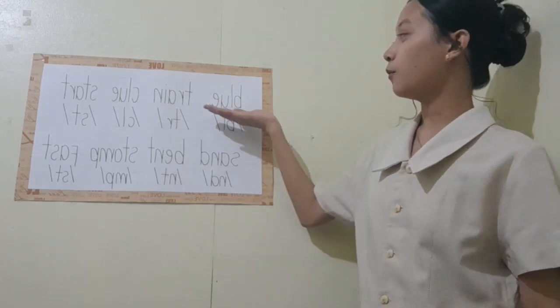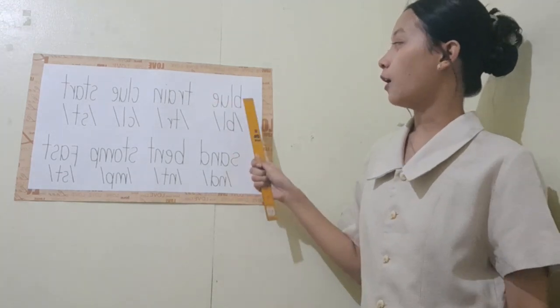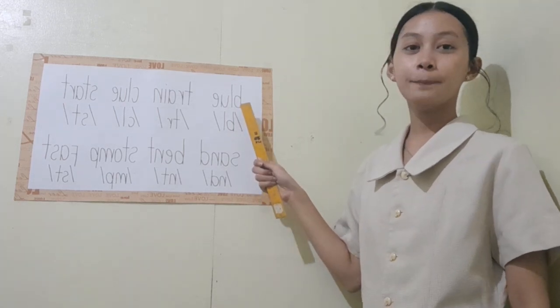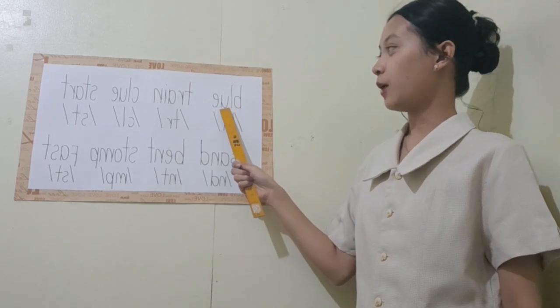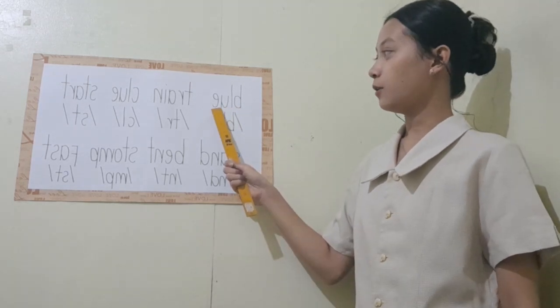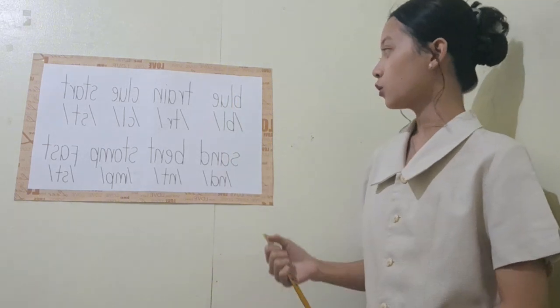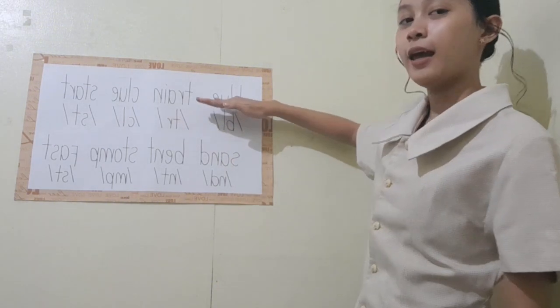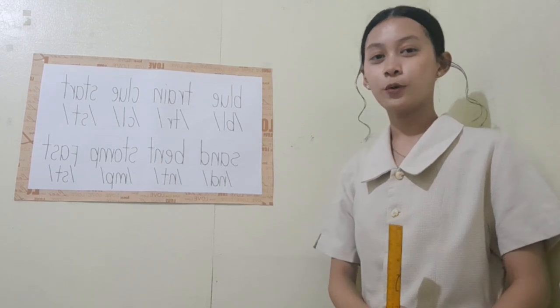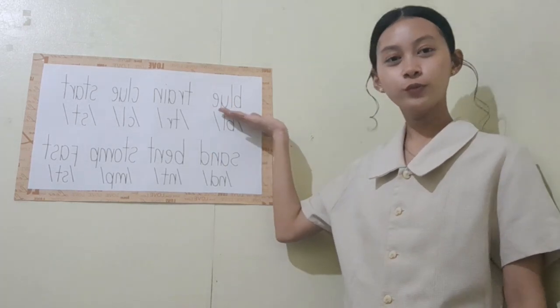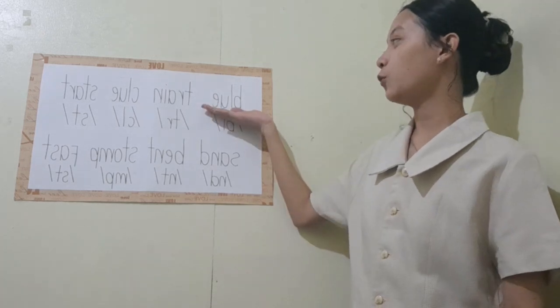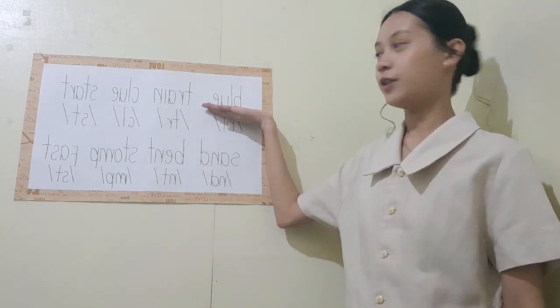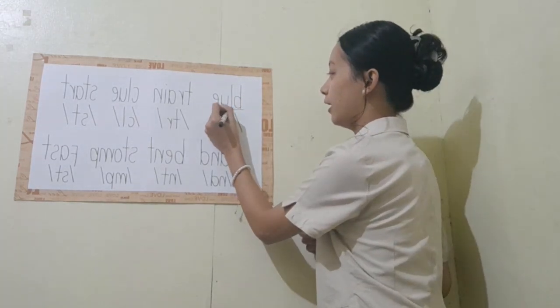So the word blue is spelled, first we have the letter B. Next we have the letter L. Third we have the U. And last we have the letter E. So this is spelled B, L, U, and E. Can you guess where is our consonant cluster in the word blue? Very good. This is in the beginning of the word, in which the letters B and L are together. So our consonant cluster is B and L.